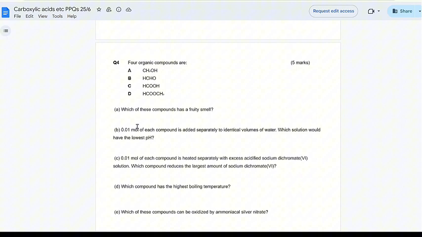But in terms of oxidized, I know, no, wow, well, I'm assuming C and D aren't going to be as easily oxidized.